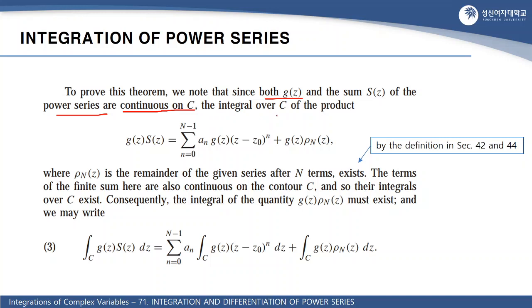So the integral over C of the product, g of z times S of z, is equal to the summation n equals 0 to large N minus 1 of a_n times g of z times (z minus z naught) to the n, plus g of z times rho sub N of z. So this can be split into two parts, here and here, where rho sub N of z is the remainder of the given series after N terms.